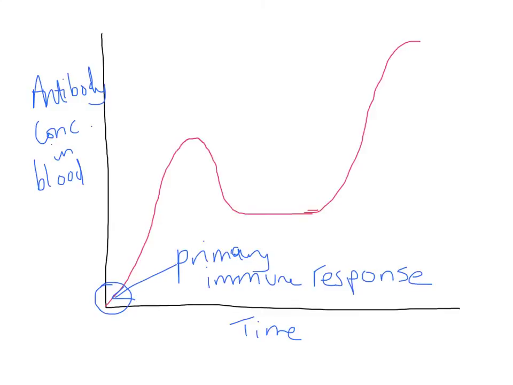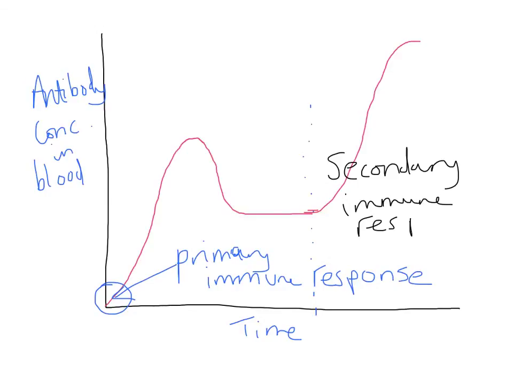At the point here, when our antibody level re-rises, that would be our secondary immune response. It's the response that our body has to the second time we are exposed to that particular pathogen. And it's much more effective. Antibody levels in the blood are much, much higher.